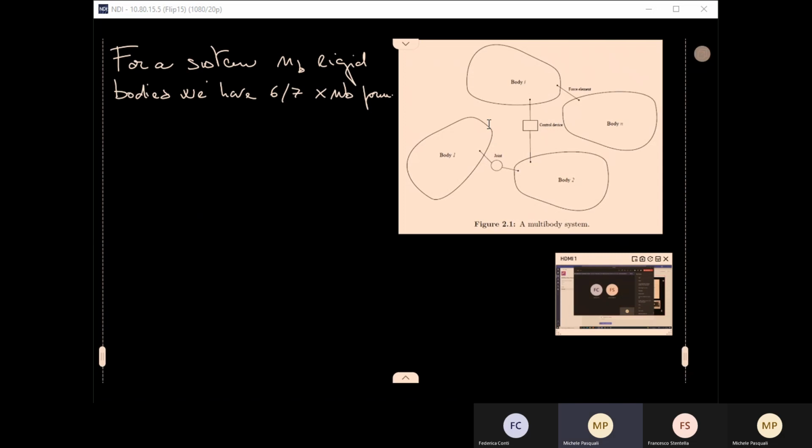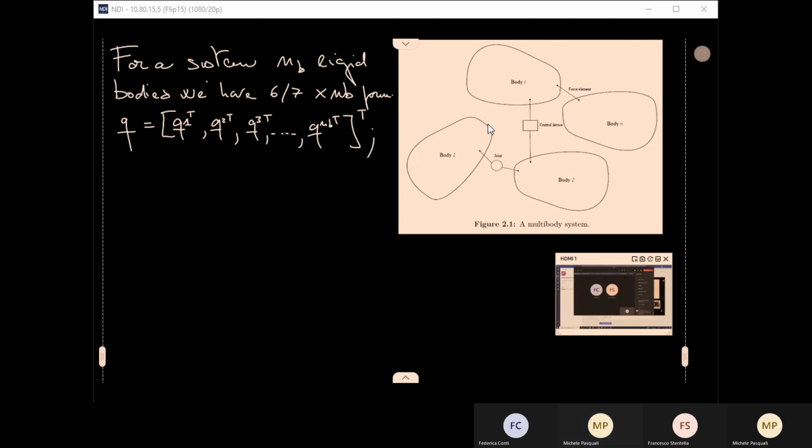So our Q typically will be composed of what? Of Q for body one transposed, 2 transposed, 3 transposed, so on until we arrive at NB transposed, all of which is transposed.